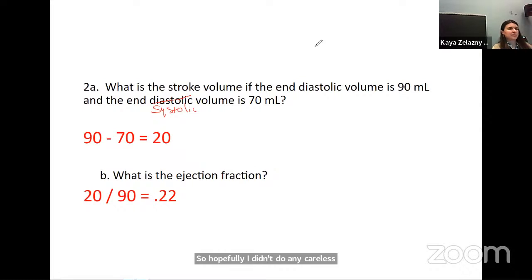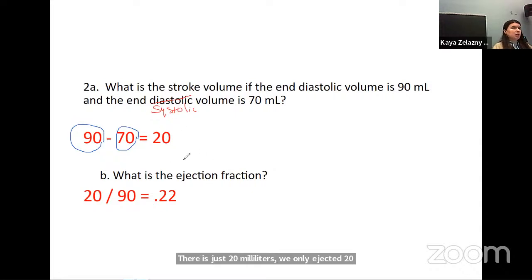We're looking for the stroke volume, just how much blood left the heart, so we subtract our two numbers. The end of diastole, the amount of blood that filled the heart, was 90 milliliters. At the end of systole, we had 70 milliliters left. So the difference is just 20 milliliters. We only ejected 20 milliliters of blood out of the heart.